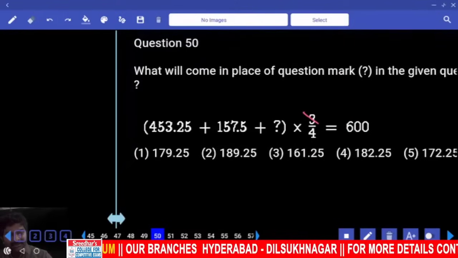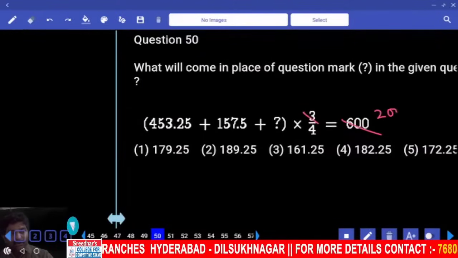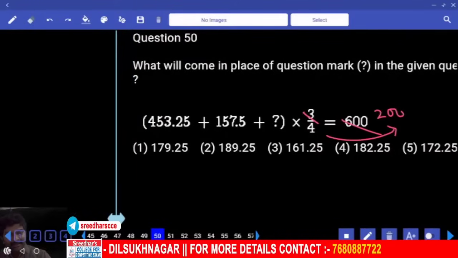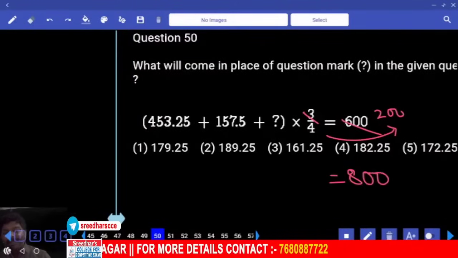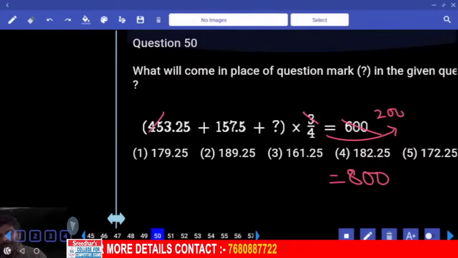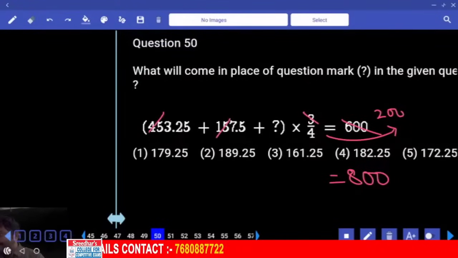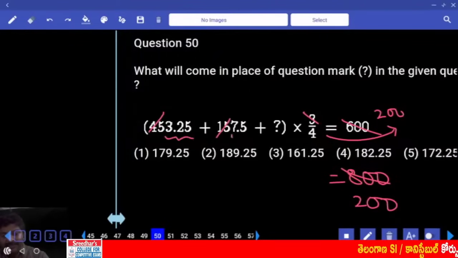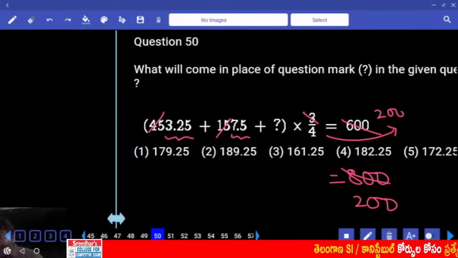Right. First of all, 3 200 times 4 goes to right hand side. That will be 800. Okay. 450 150 600. Right hand side now I can treat it as 200. 600 is subtracted. Is that okay for you? 3.25 7.5 10.75.